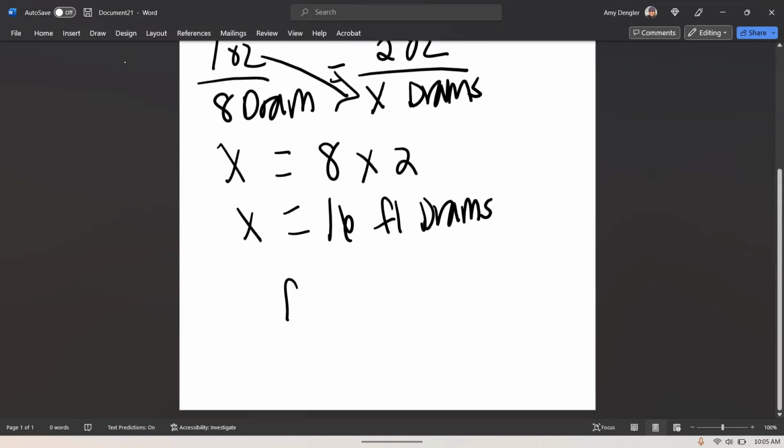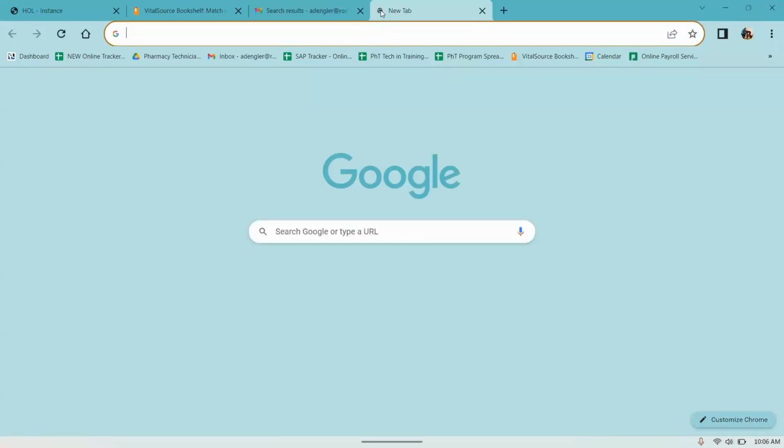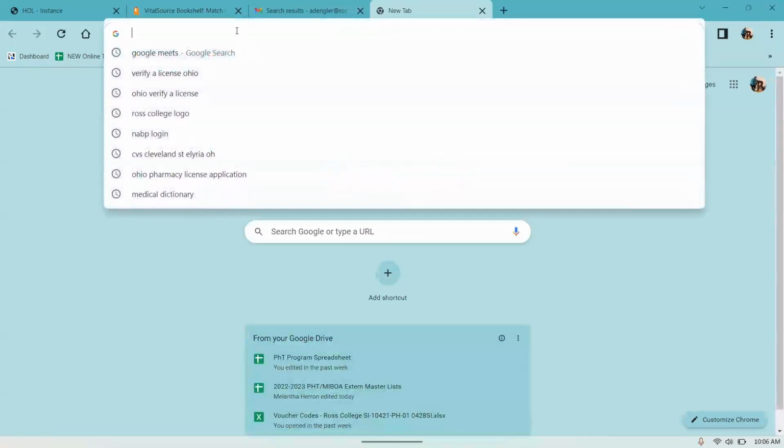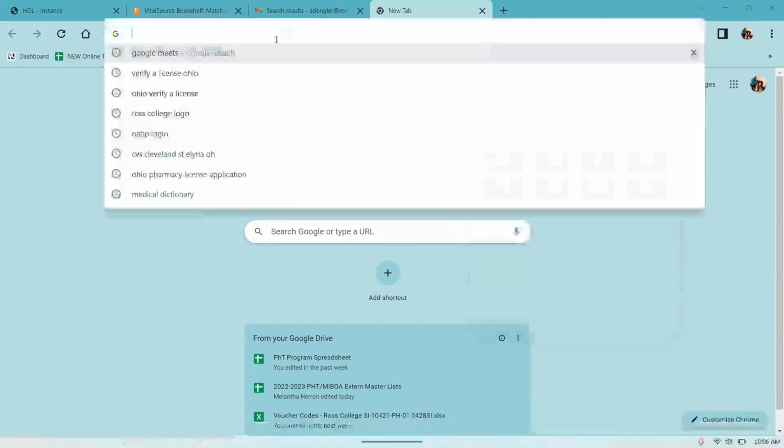And we would need to do FL, our symbol. And then we would need to do 16 in Roman numerals. Let's Google it.